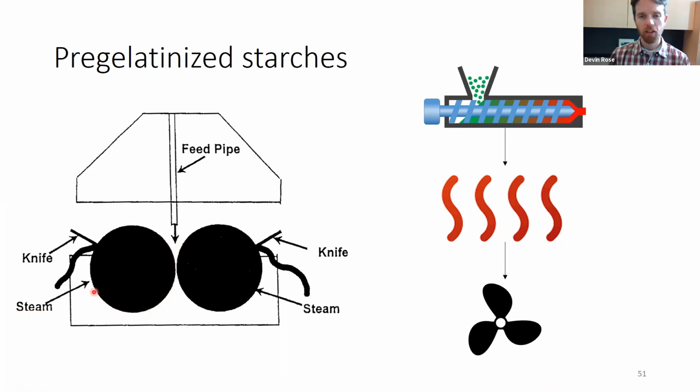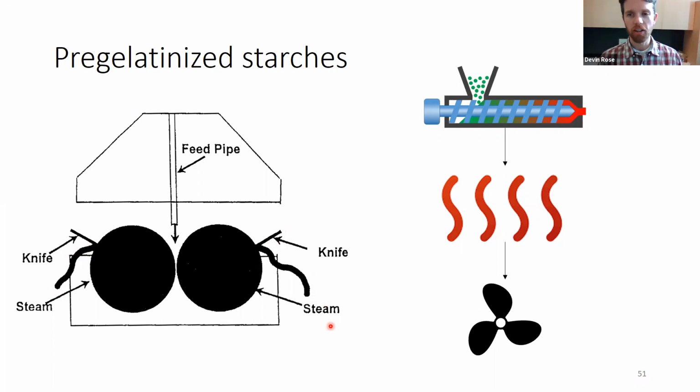So you have a film of starch on the surface of this drum. Then it comes to this point where it's finally dry, and a knife will just scrape the dried starch off the drum to be collected over here. It'll be kind of flakes, and then it's just milled into a fine powder again.